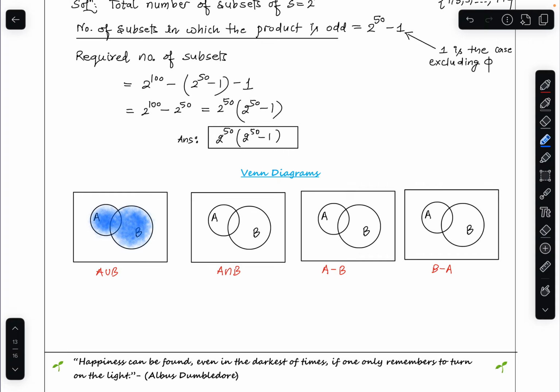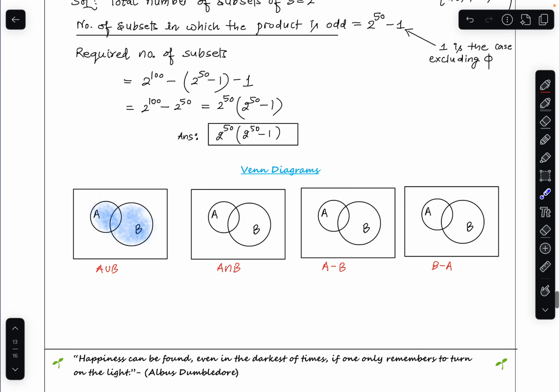That's one thing we have. For the second one, I have intersection. In the intersection, we include the common portion, and the common portion that I see between A and B is this one. This is there in A, and this portion is there in B as well. So the intersection would be this common portion here.